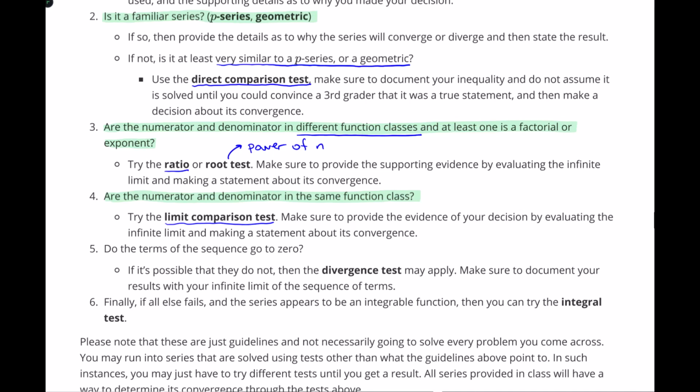So it's not always a clear indicator which test to use exactly. This is just some guidelines here. But if they're in the same function class, usually the limit comparison test works pretty well, especially for polynomials. And that would be the numerator and denominator both being polynomials, so let me say rationals.